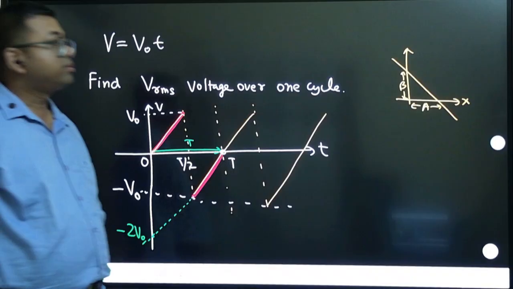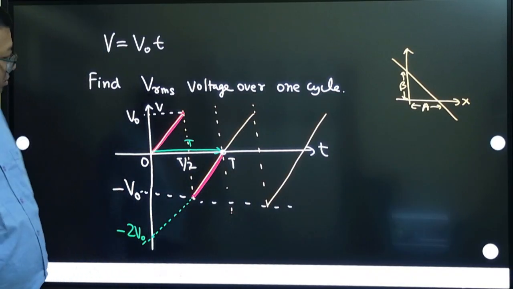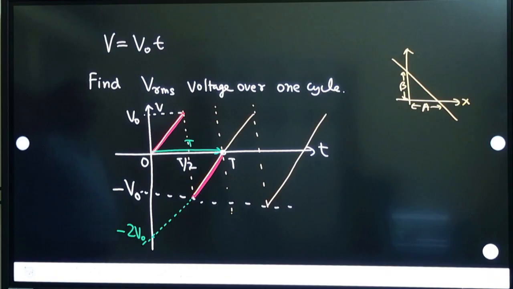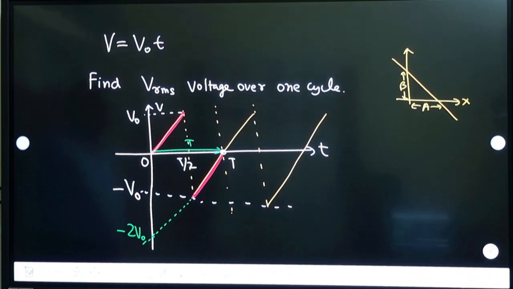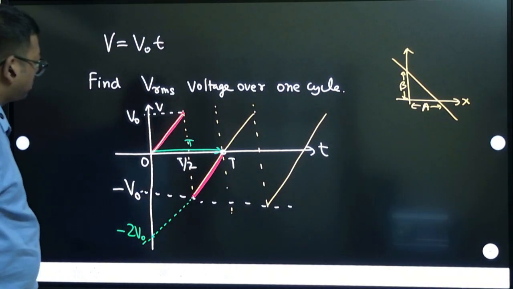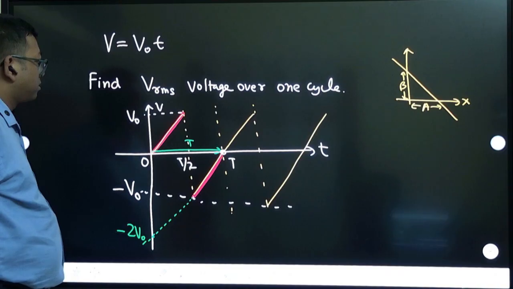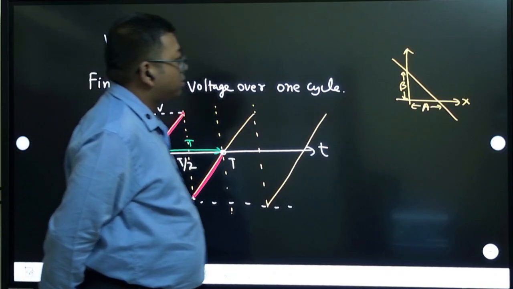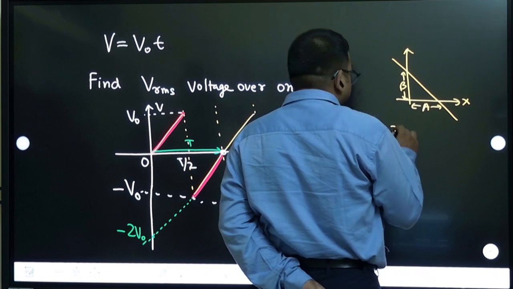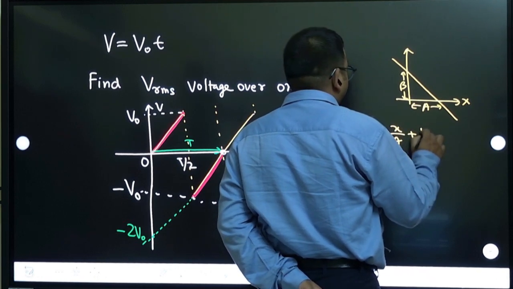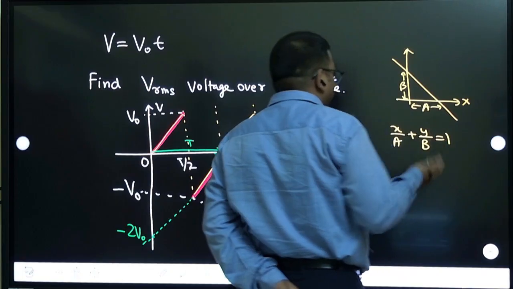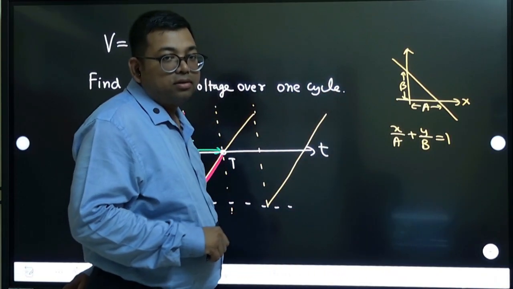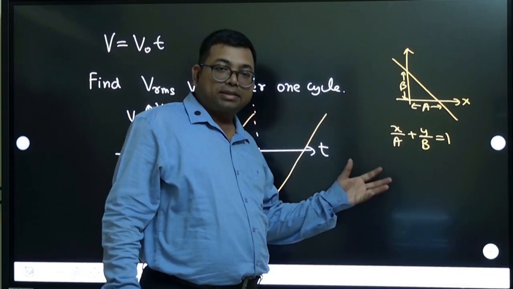Anyone? No, this equation is x by a plus y by b is equal to 1. That's the equation of the line.